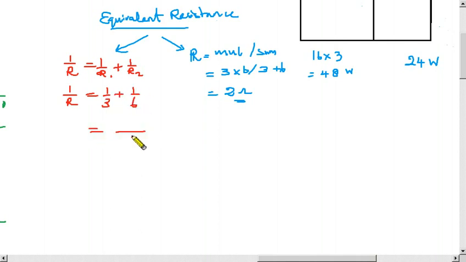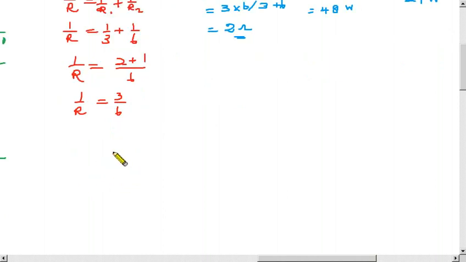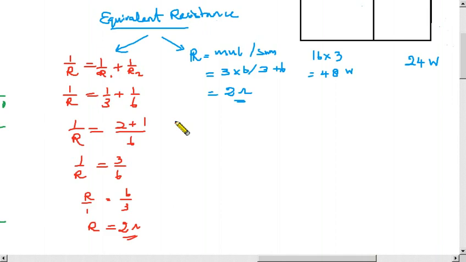Then the common denominator is 6. 3 times 2, 2 plus 1, 1. Then 1 over R is 3 divided by 6. Cross multiplication or invert, R divided by 1 is 6 divided by 3. So R is 2. Both methods give the same answer.